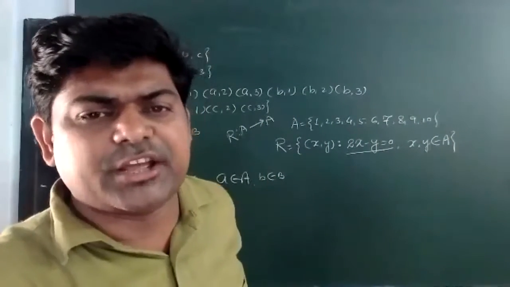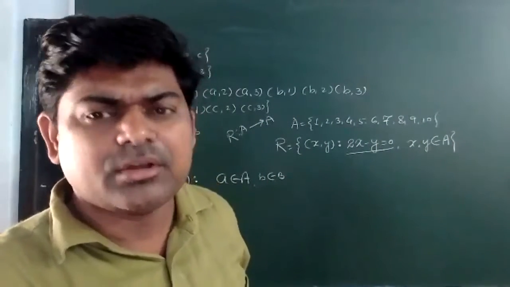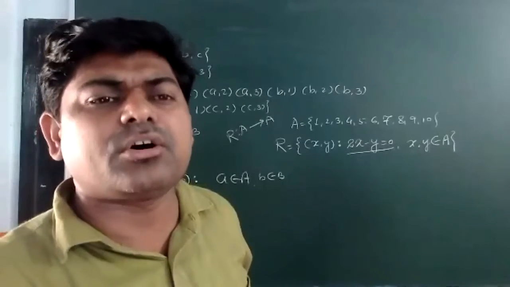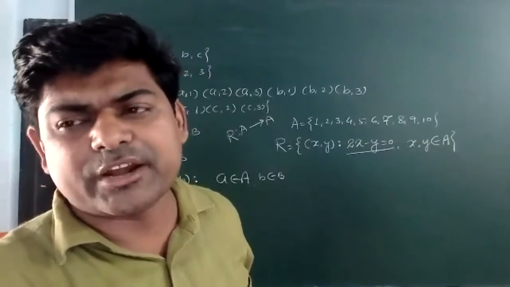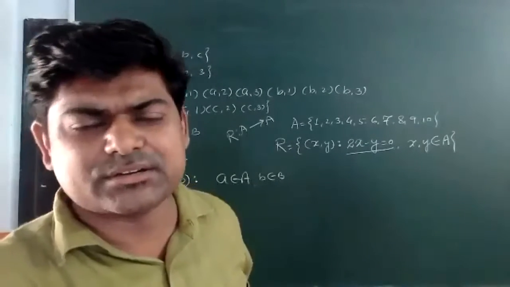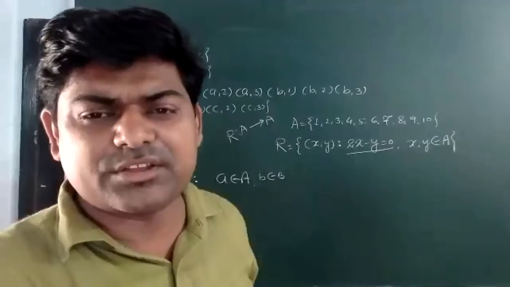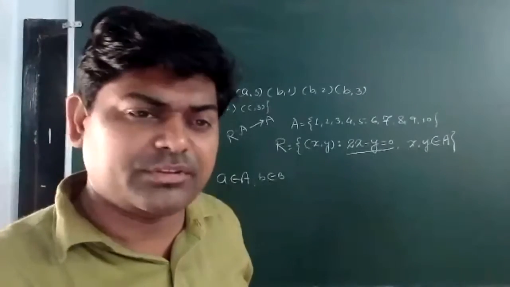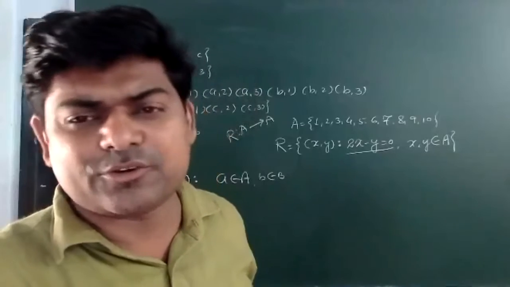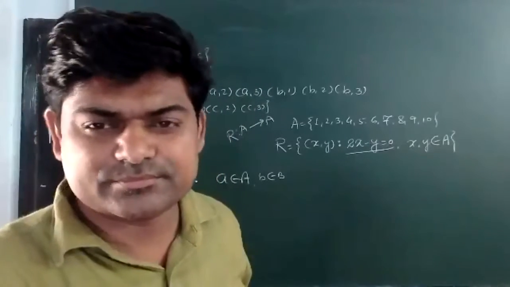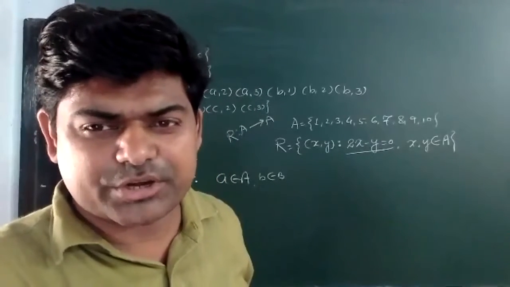It means the first and second elements are both from A only. So directly we need not read it like that, A to A. Simply I can say if R is a relation defined on A, then domain and codomain both should be A. Got my point?